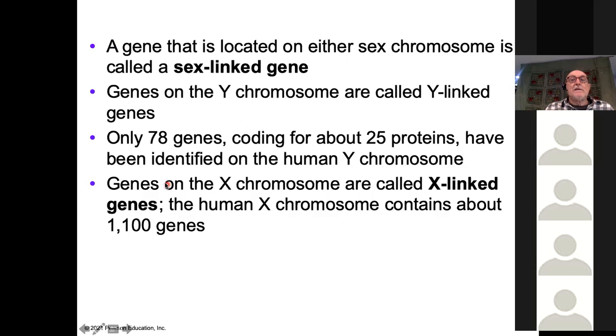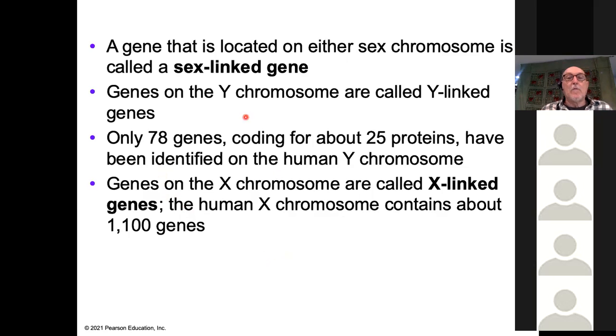So any gene that's located on one of the sex chromosomes is called a sex-linked gene. There are some genes on the Y chromosome, SRY, for example, which is a Y-linked gene, but by far the majority of sex-linked genes that we are interested in are X-linked.